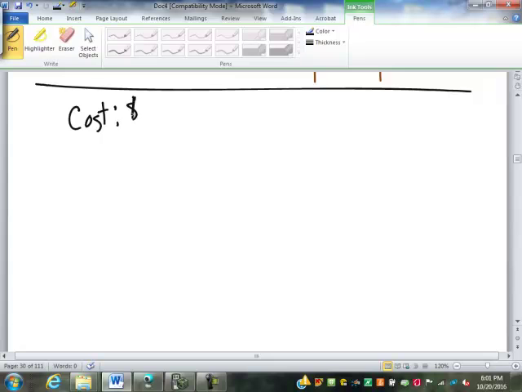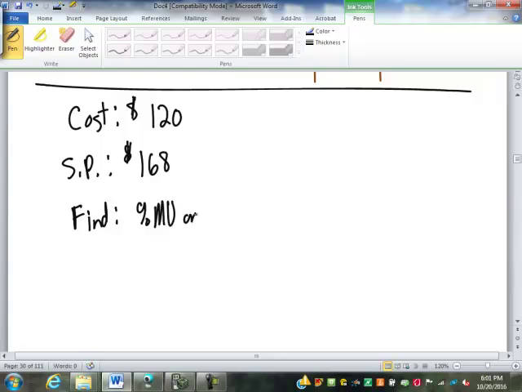So in this one, we're given that the cost is $120. The selling price is $168. We're asked to find the percent markup on cost.